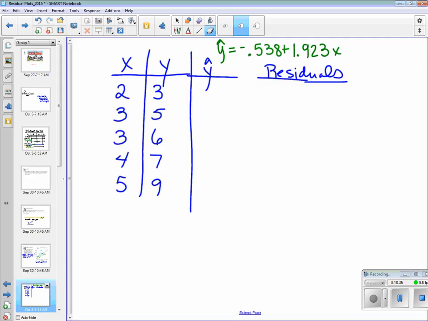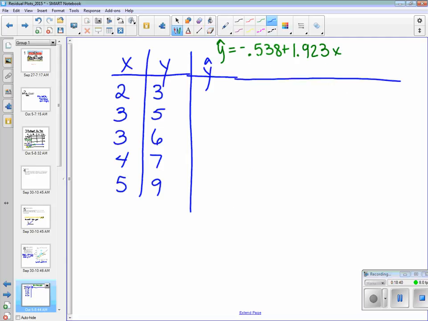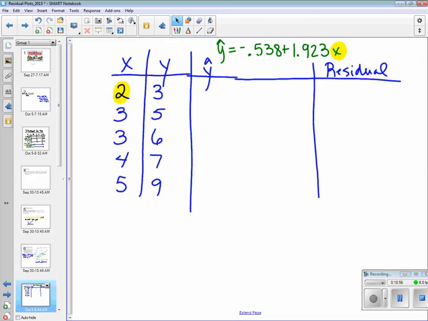I'm actually going to make this a little bit bigger, only because it's going to take some work to show. So this is our residual. I'm going to take this value of x, and I'm going to plug it into the equation here. That's my predicted value. This is what I'm trying to find.